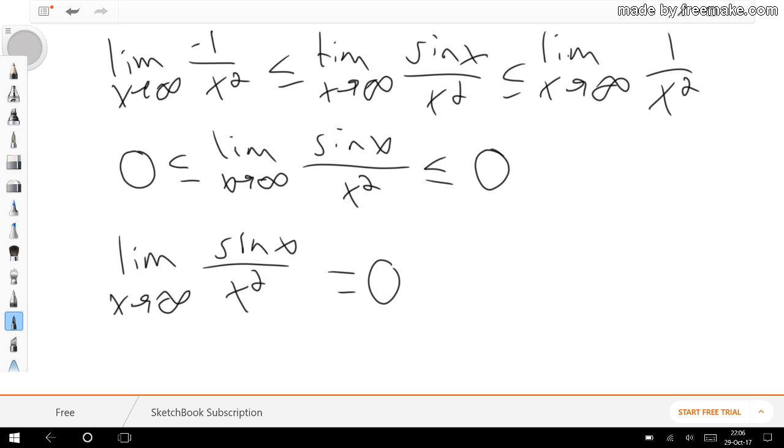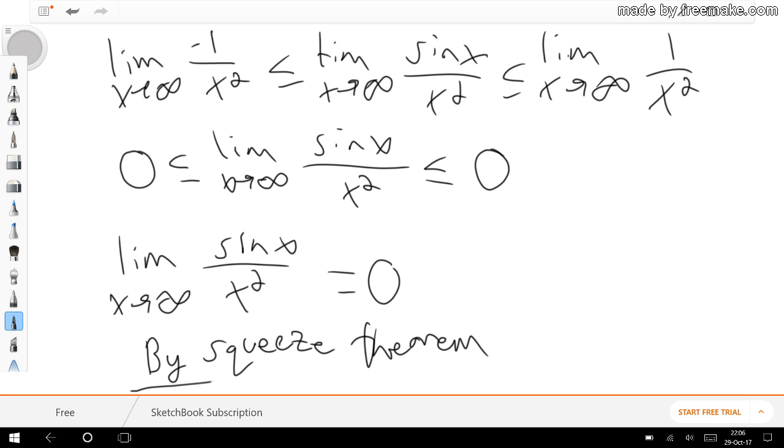Now to get full credit on your exam, you're also going to have to write by Squeeze Theorem. And so that just takes an extra little step, but sometimes you'll lose points, so please don't forget this. But other than that, that is the main logic, I guess, behind Squeeze Theorem.